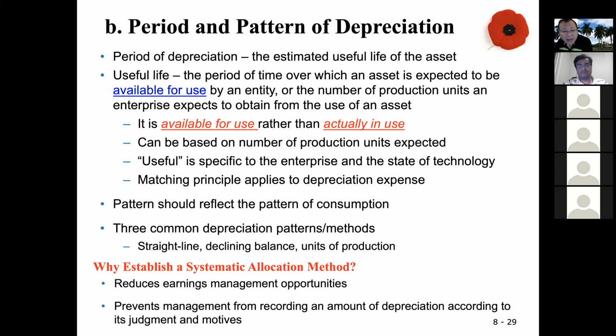And then the patterns of depreciation. Basically, you are asking what the pattern of revenue earning is. If the asset earns revenue evenly over the useful life, you use straight line. If the asset generates lots of revenue in the early years and then the amount declines, you use declining balance.